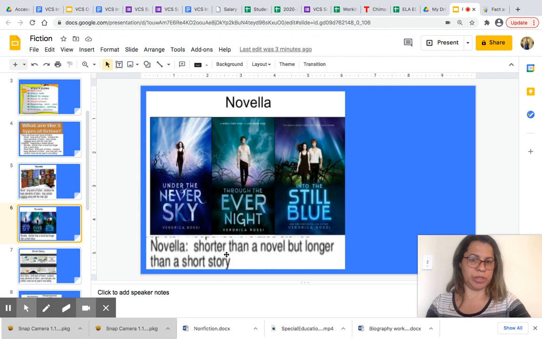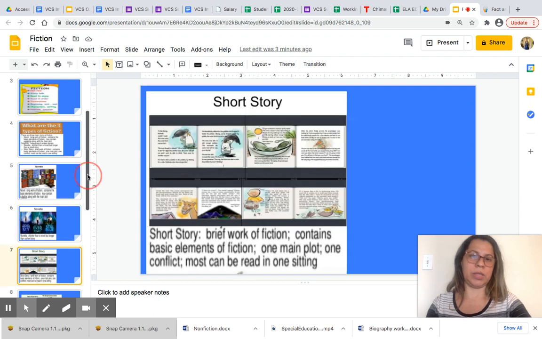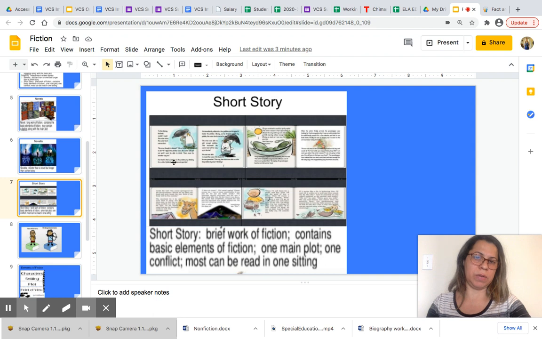Novellas are shorter than a novel, but longer than a short story. And the last one is a short story. So as you can see here, short stories are short. A short story is a brief work of fiction, contains basic elements of fiction, one main plot, one conflict, and most can be read in one sitting.